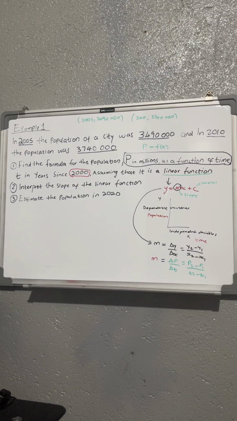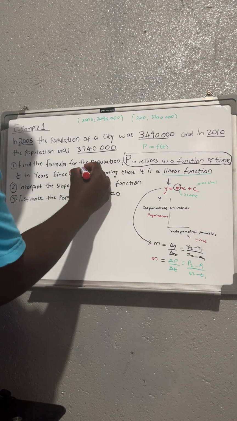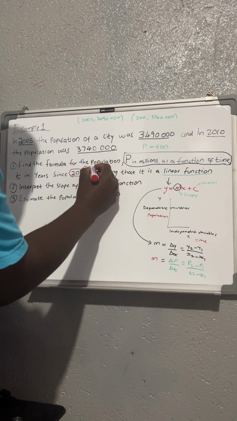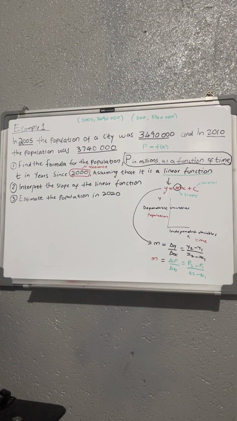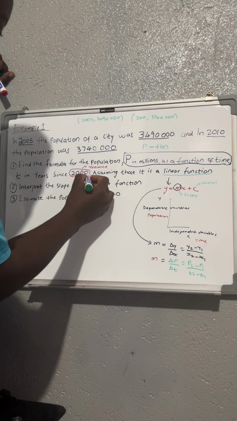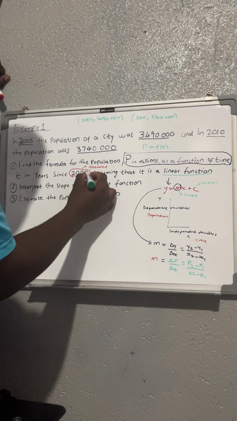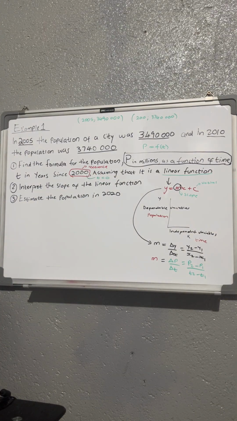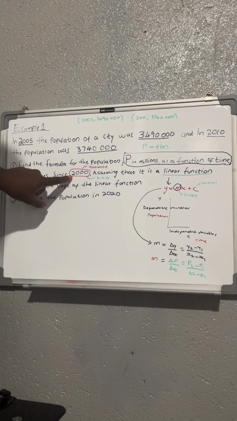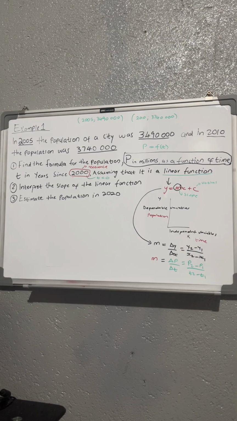Since 2000, what does this mean? This is basically our reference. This is what we are going to be referencing from. In other words, they're trying to tell you that this 2000 that you're seeing here, this is our T equals 0. So when you're going to work your time, you're going to work your time referencing to this one.